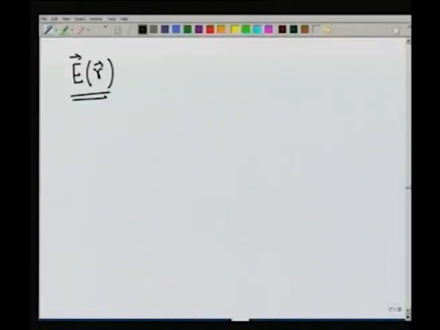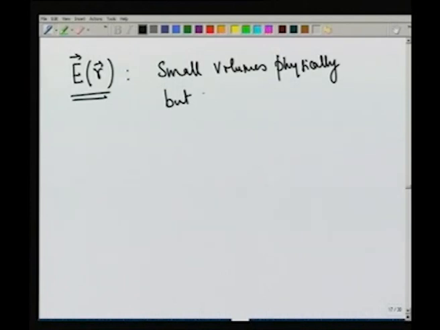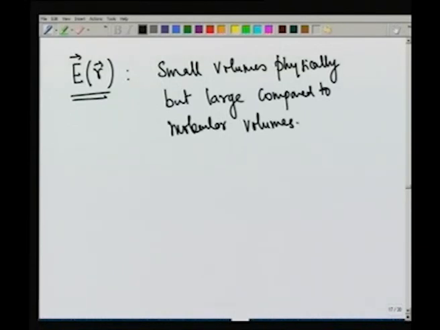Therefore, when we are using the macroscopic fields, we want small volumes physically, but large compared to molecular volumes. So, for example, I tell you R going to 0.